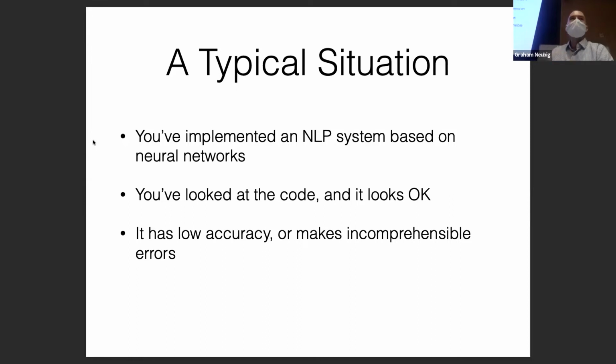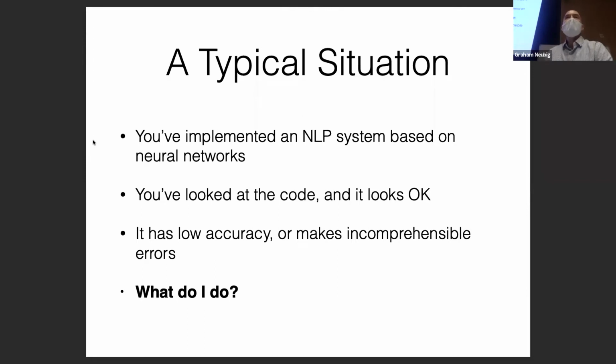And if you haven't encountered something like this, then you will soon, so don't worry. It's something that you will encounter very frequently going forward as an NLP researcher. So then the question becomes, what do I do?